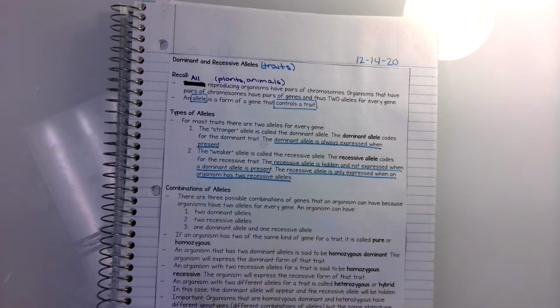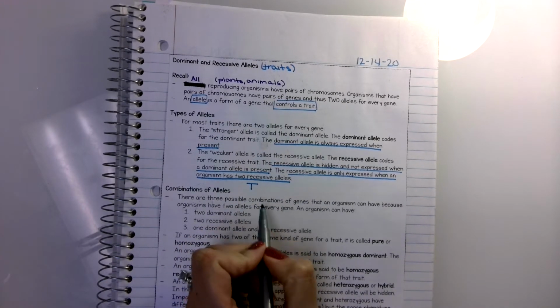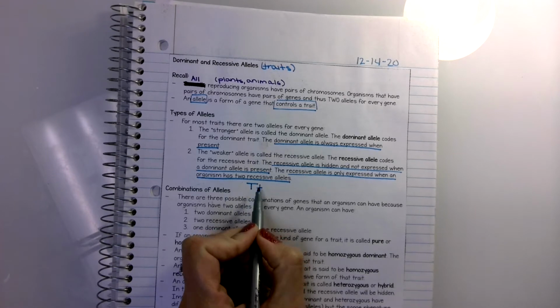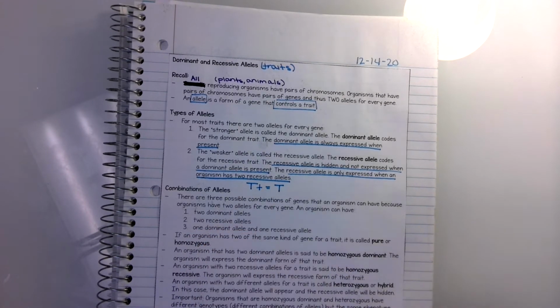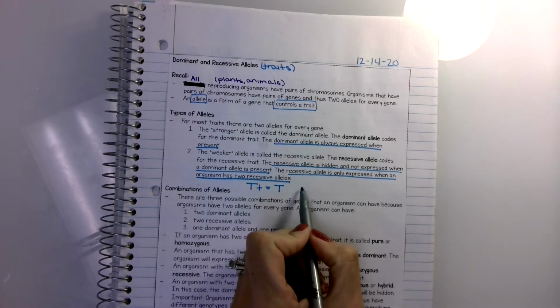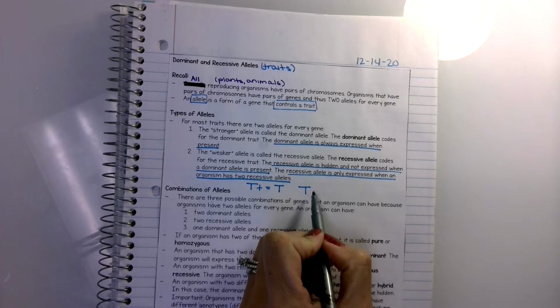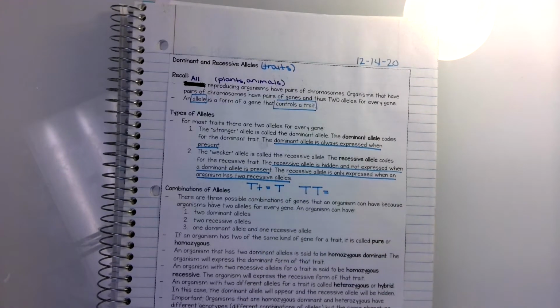So for example, for being tall, let's just think of T for tall. If I had a dominant tall trait and a recessive trait, that's going to make me be tall. I'm going to get the dominant one. If I have two dominant tall ones, I'm going to be tall.